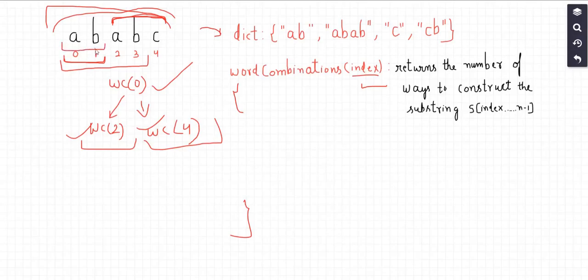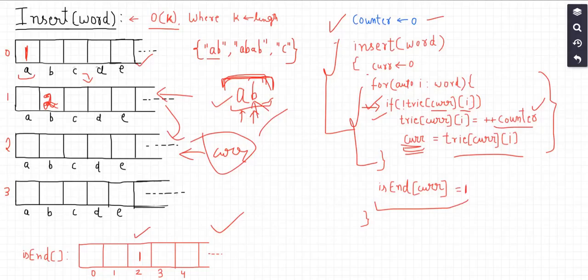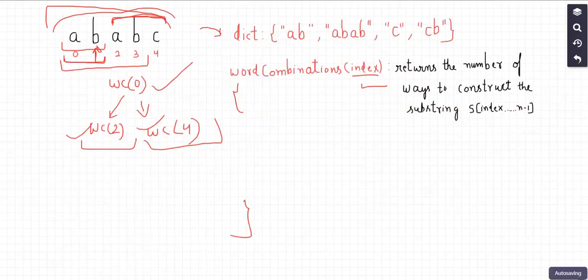I find that B is marked true in the is end array. So in my is end array, this index is marked 1. That means yes, AB has been inserted into the trie, which is only possible if I insert it from the dictionary.